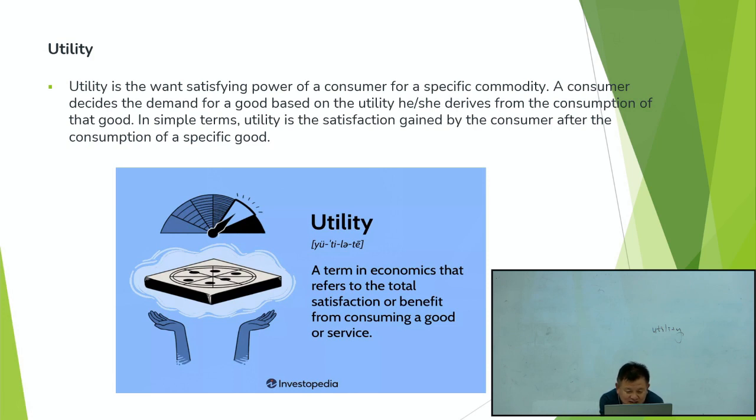After consuming, I feel something. So utility is the satisfying power of a good for the consumer, for a specific commodity. Sometimes commodity, goods, and services are slightly different concepts.